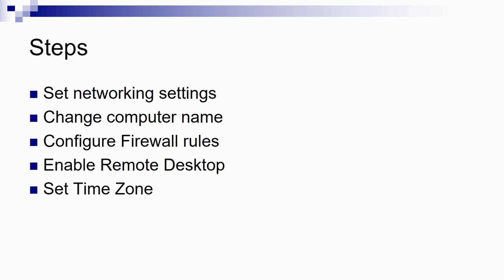And one last thing I like to do is set the correct time zone for my location. This is just something I prefer. The time actually, if you set it correctly on your host, it will be correctly set on the virtual machine, but I want it to be also for my current time zone. So enough with the talking, let's get to work.